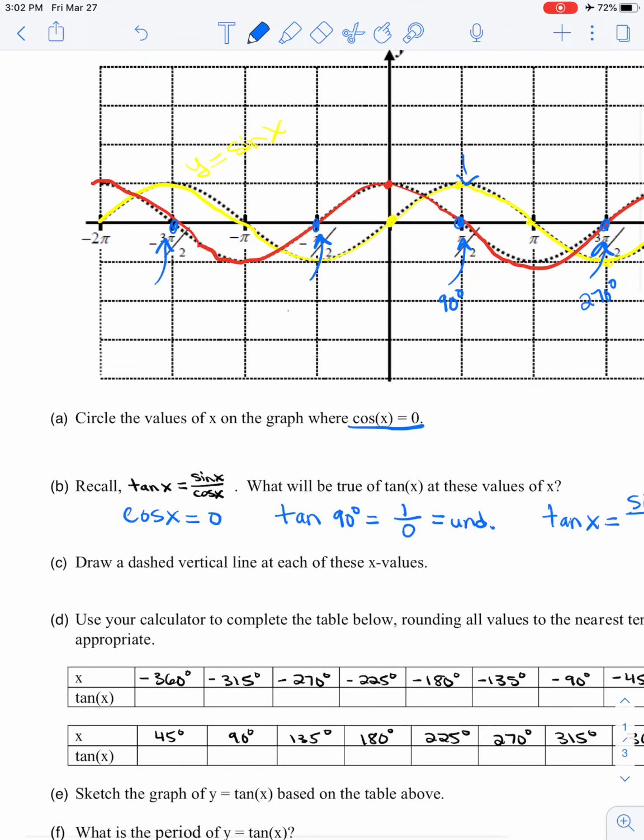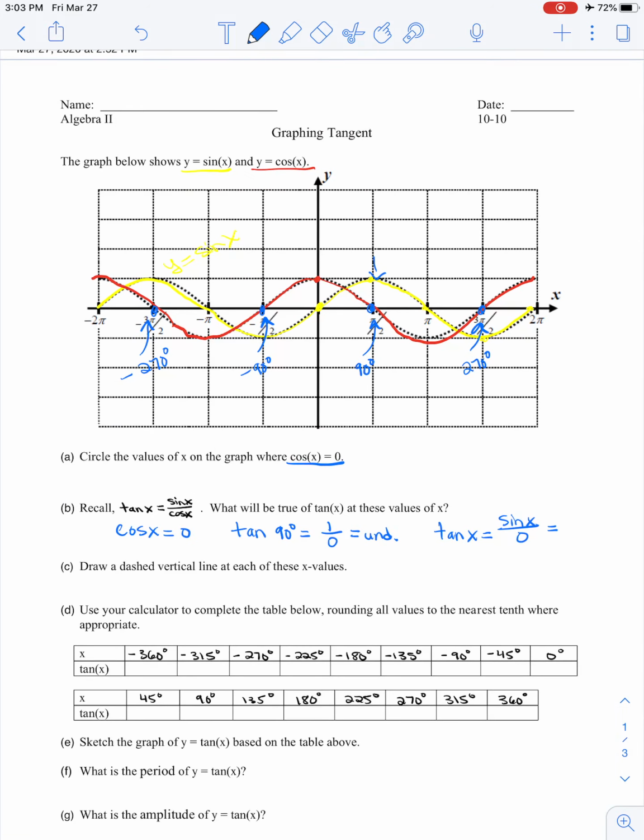If I worked backwards, I would say negative 90 degrees and also negative 270 degrees. I'd like you to draw a dashed vertical line at each of these x values where tangent would be undefined.